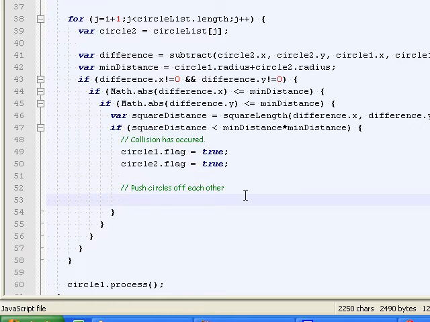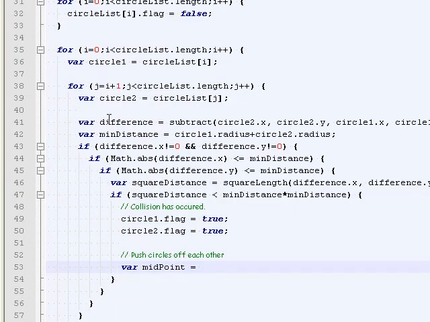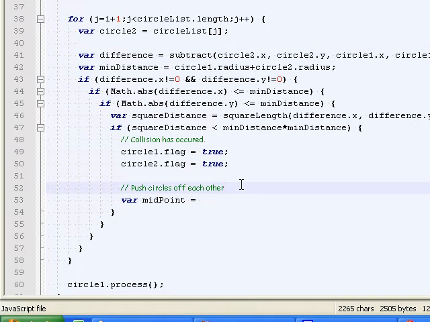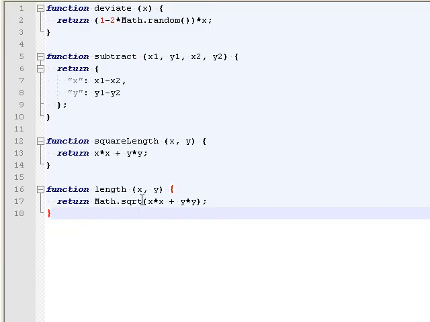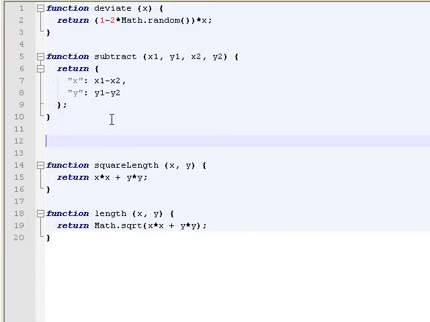Okay, so we need that midpoint. So we'll need to normalize this difference. We'll need the normal. Okay, so that will be a multiplication of the distance, so we'll want a multiply function.